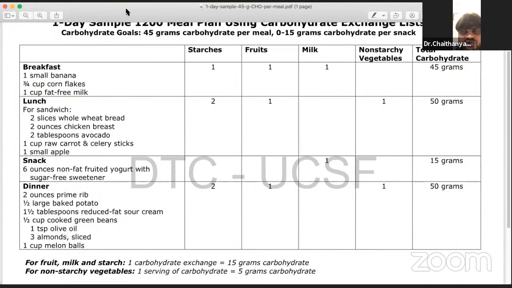Let us say you tell the patient that apple has a lower glycemic index than mango, and the patient wants to have one small apple, which might be equal to 15 grams of carbohydrate. But the patient can ask, I want to have one slice of mango as well. Can I exchange one slice of mango with one slice of apple?